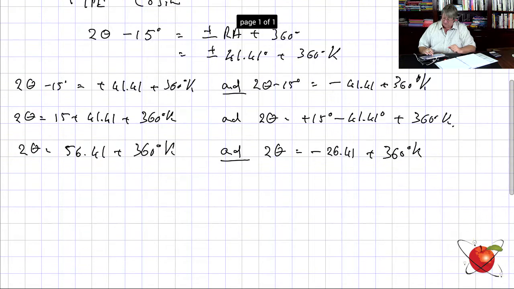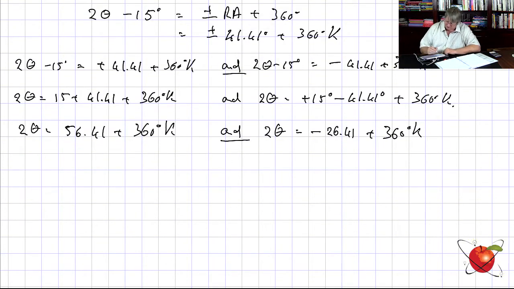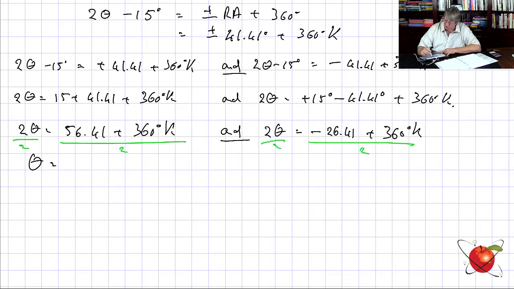And now we continue and say, therefore, θ is equal to, and what do we do? We divide by 2, and we divide everything by 2, because you cannot just divide the beginning one.